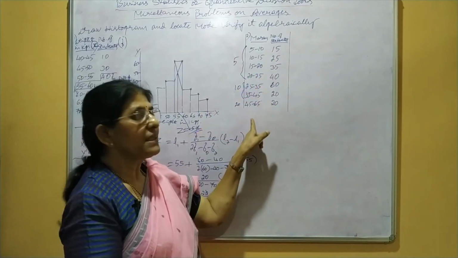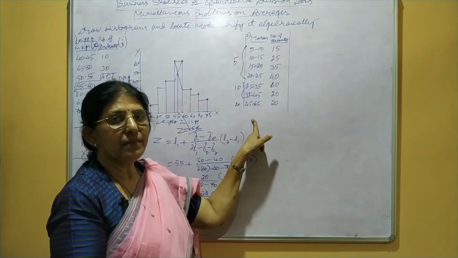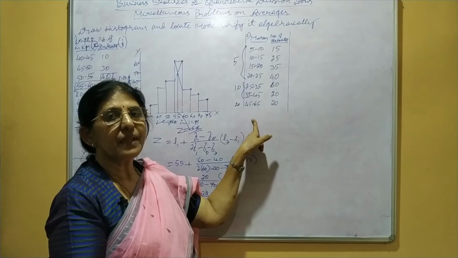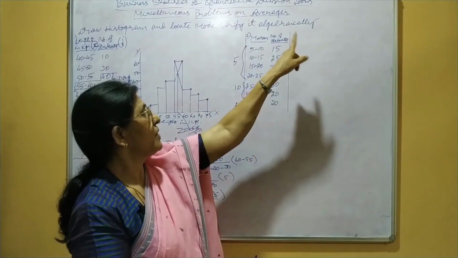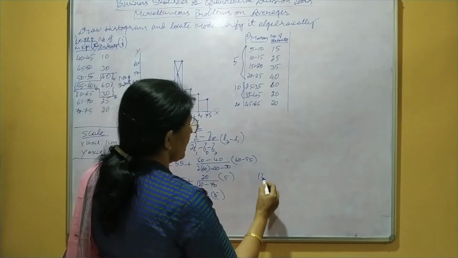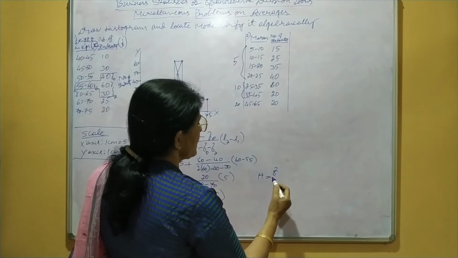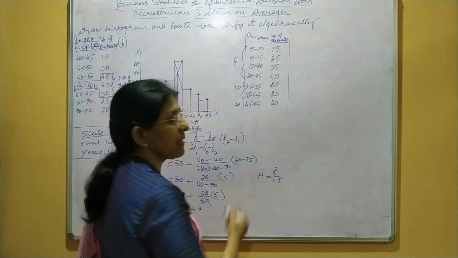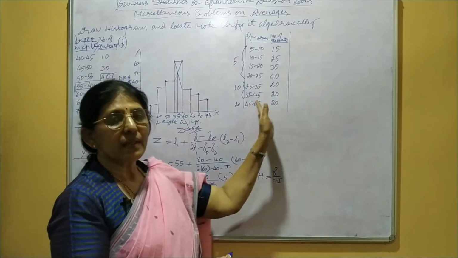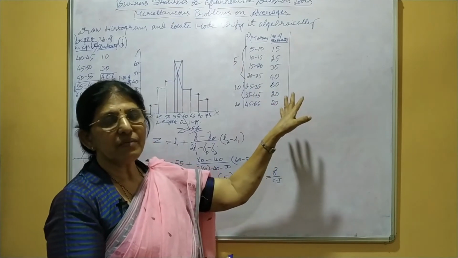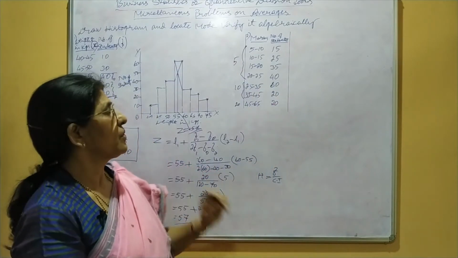When the class interval is not common or unequal, then we have to calculate the height. Height equals frequency divided by class interval. That method also you may follow. Anyhow, that regularization of class interval is known to you.